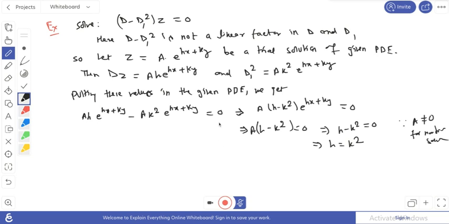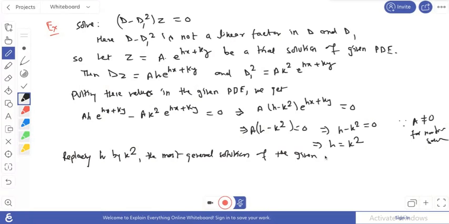Okay, so by replacing h by k square, the most general solution of the given partial differential equation is z equals to the summation of a e to the power k square x plus ky.